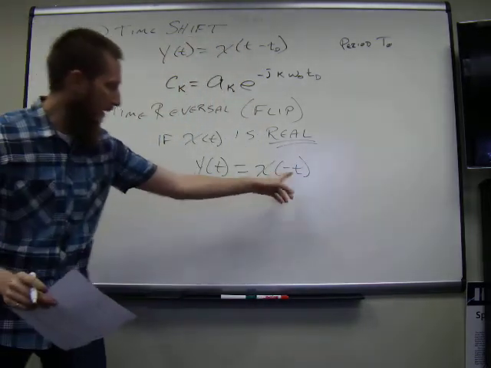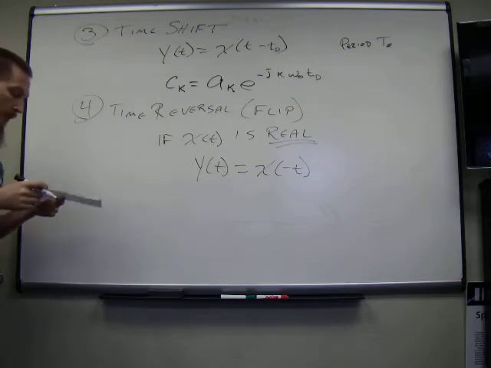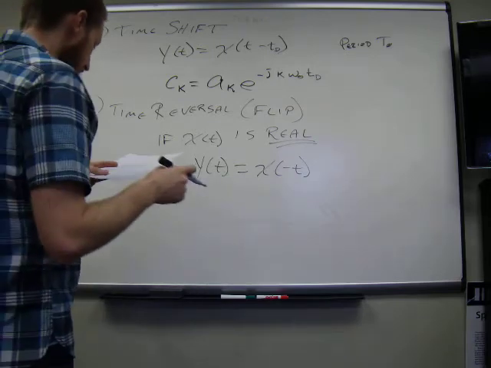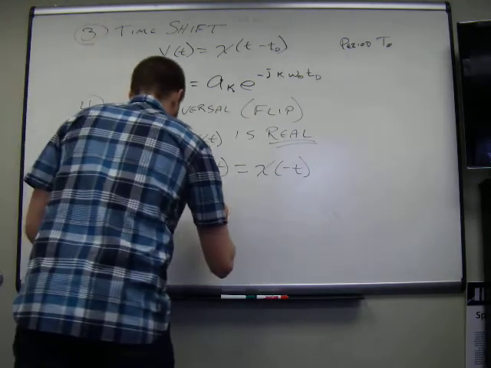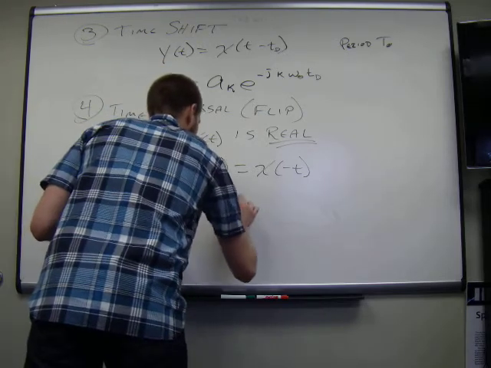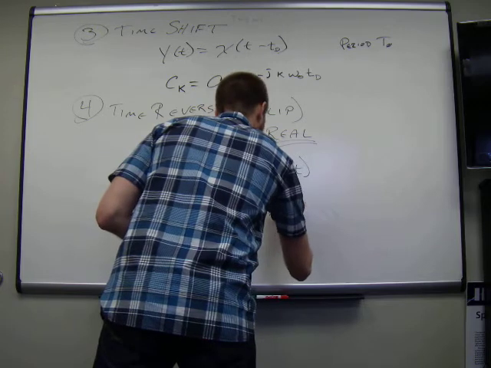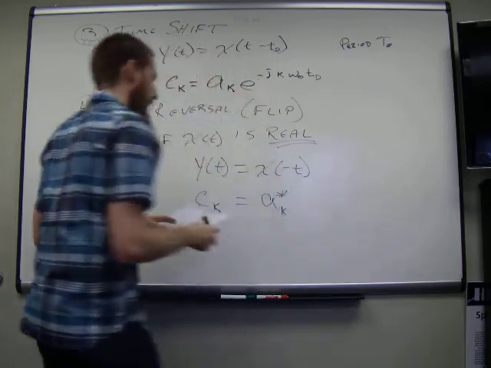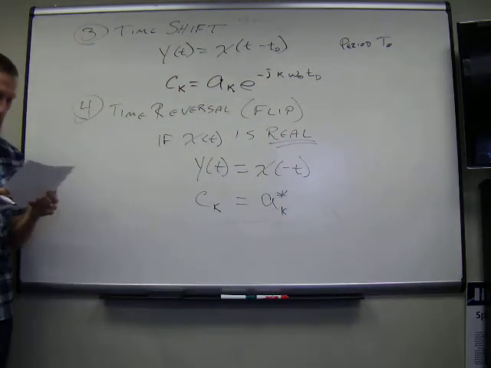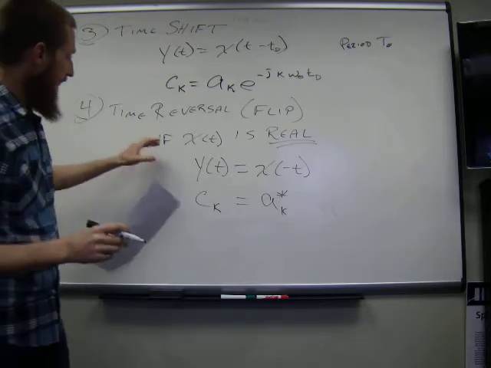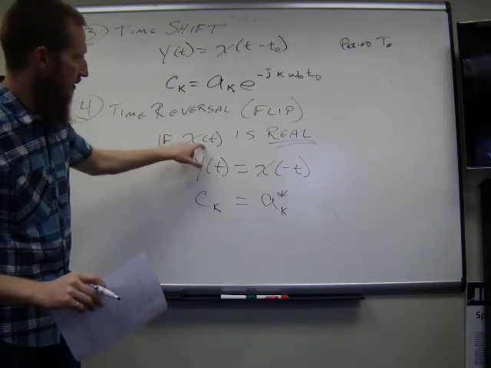Alright, so we've got our time flip. The coefficients, c of k, are equal to a complex conjugate of k. This is if x of t is real.